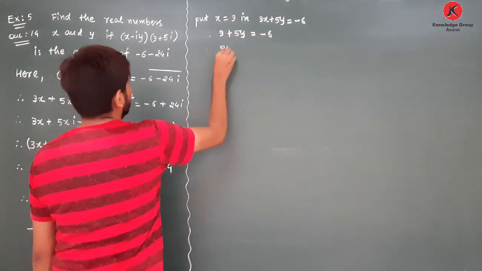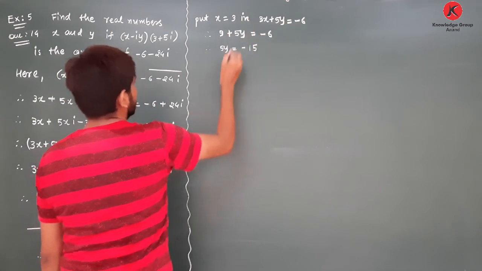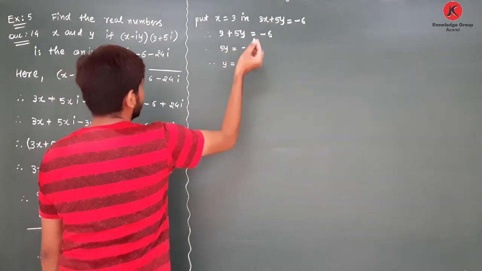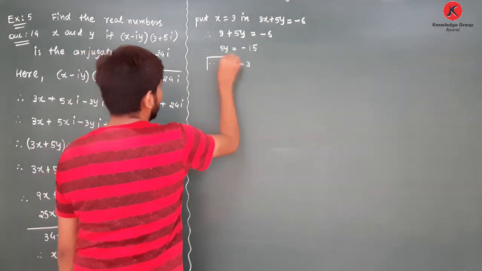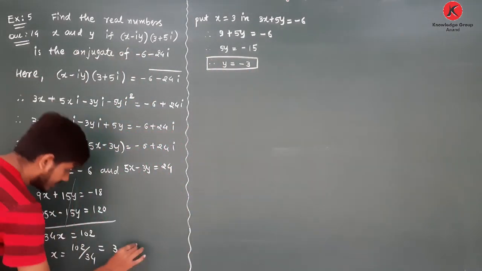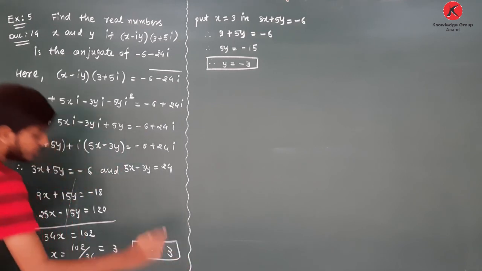Therefore 5y equals to minus 6 minus 9, minus 15. Therefore y equals to minus 15 by 5. The value of x is 3 and y is minus 3. x equals to 3 and y equals to minus 3.